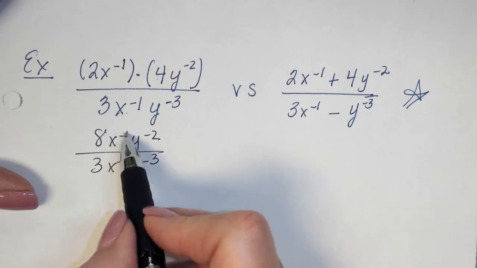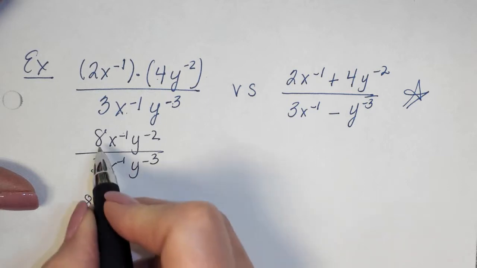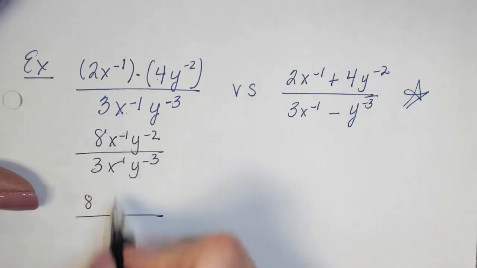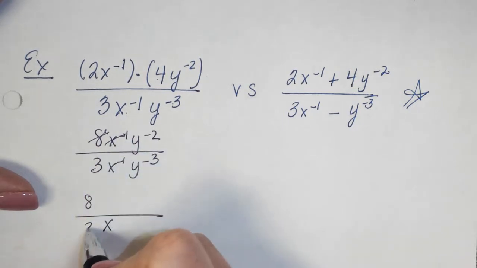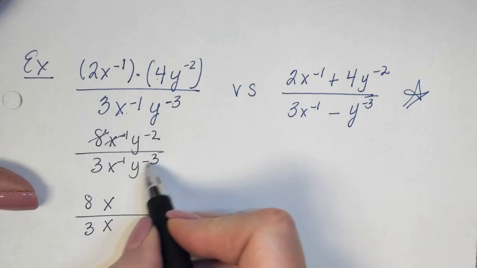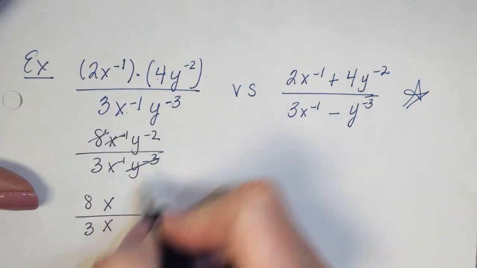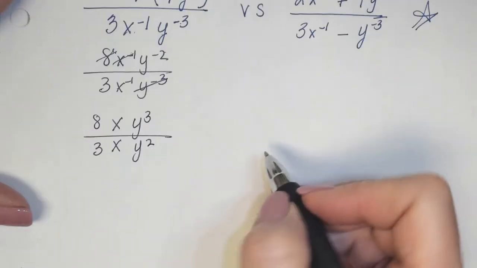If I want to make this a positive exponent, it can go down to the denominator. The 8 stays where it is, but this x could go to the denominator. This 3 stays where it is, but this x is going to go to the numerator. This y to the -3 would go to the numerator, and this y to the -2 would go to the denominator.